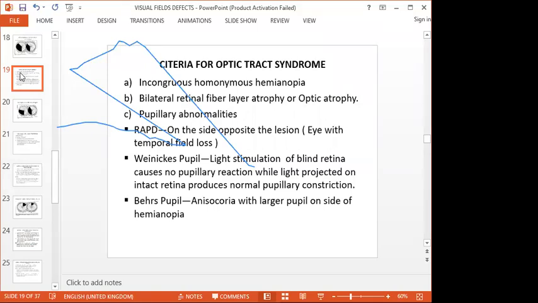Like RAPD here will be in this one, because this eye has a temporal field defect. So this is the criteria which you must know to work out which one is at fault. Criteria for optic tract syndrome.